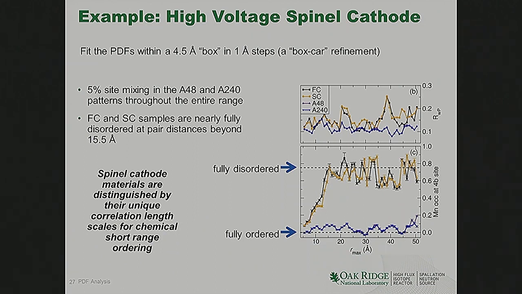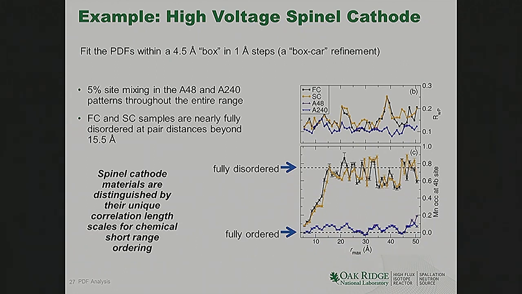That's no surprise. But these fully disordered models don't become so until about 15 angstroms. And what was really interesting, I haven't shown it here, but if you go even farther out to say 150 angstroms in real space, these materials actually begin to look different. And it's this length scale for that cation ordering that links really well to observed properties.